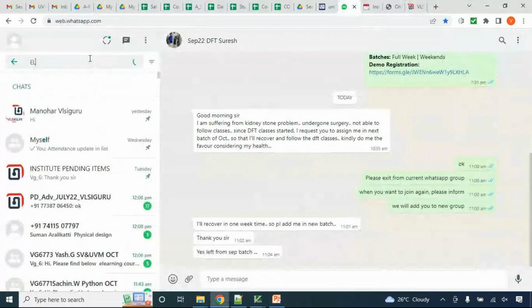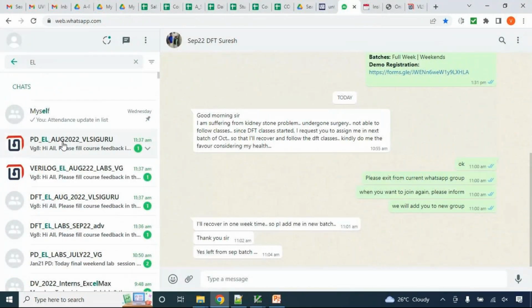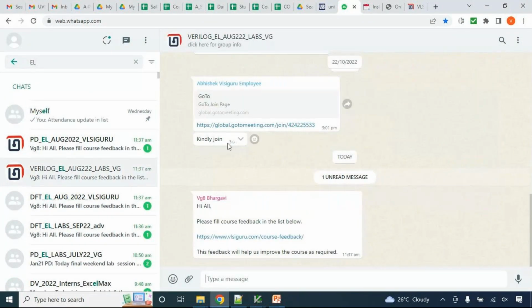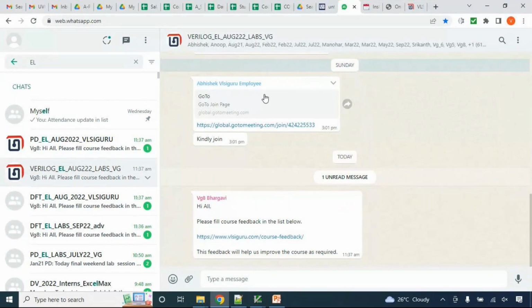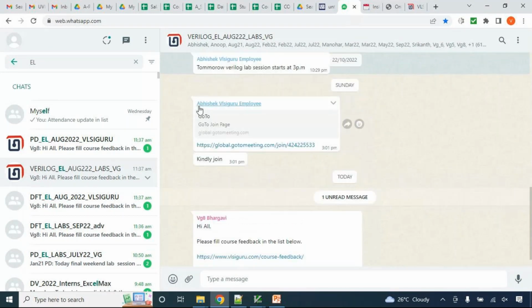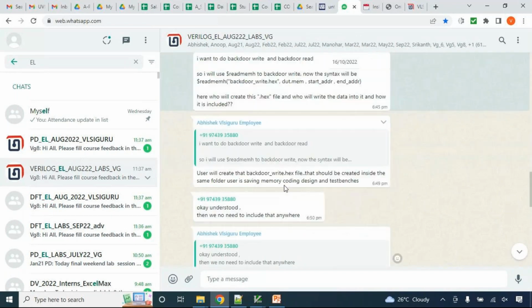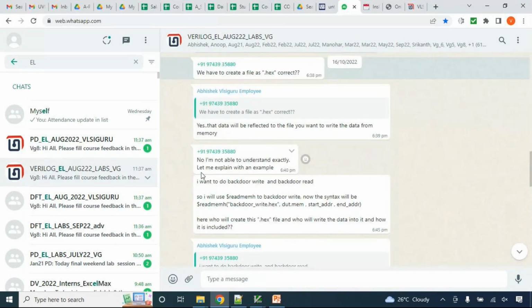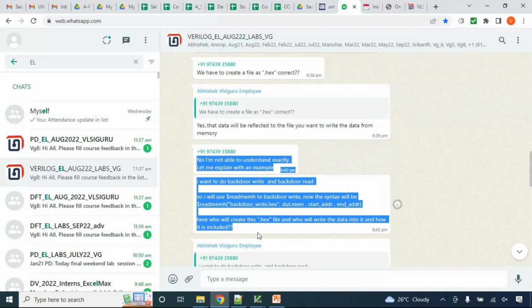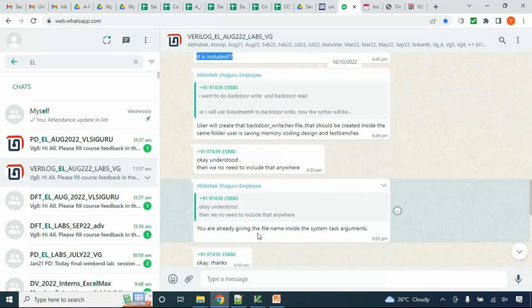For example, there will be a PD e-learning group, a Verilog e-learning group. Every week the sessions will be posted. Like last Sunday we had a session at 3 p.m. The trainer posted it the day before, on Saturday. So every weekend sessions will be there. Students can post their questions here. When a student posts a question, the trainer responds pretty much the same day. If there is a need for support, he will provide the support.